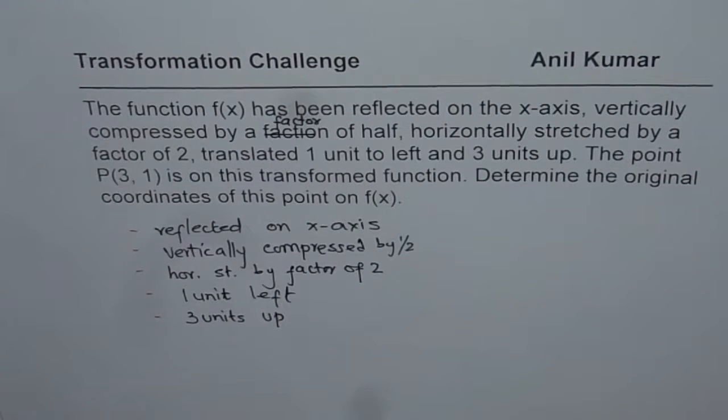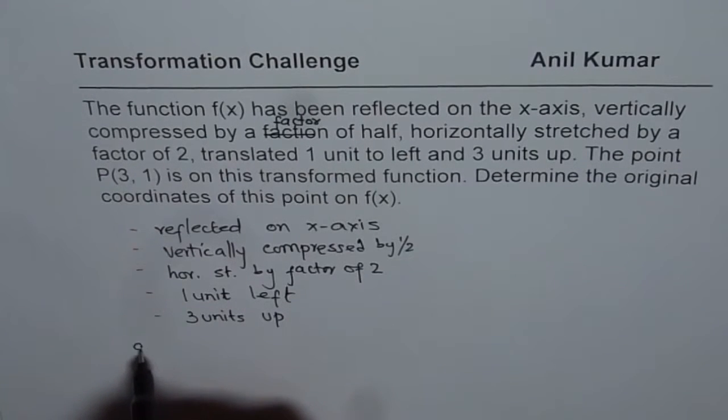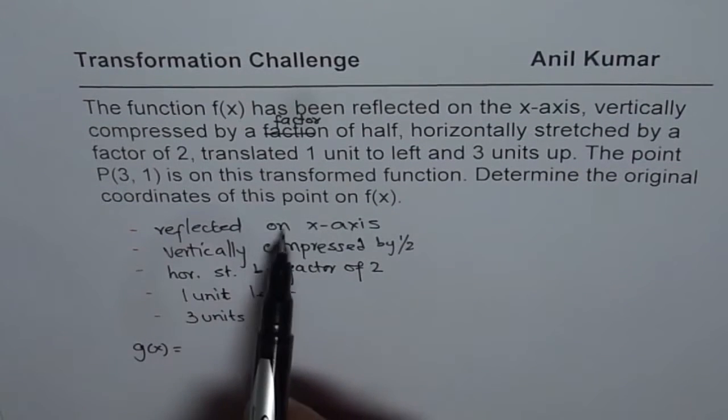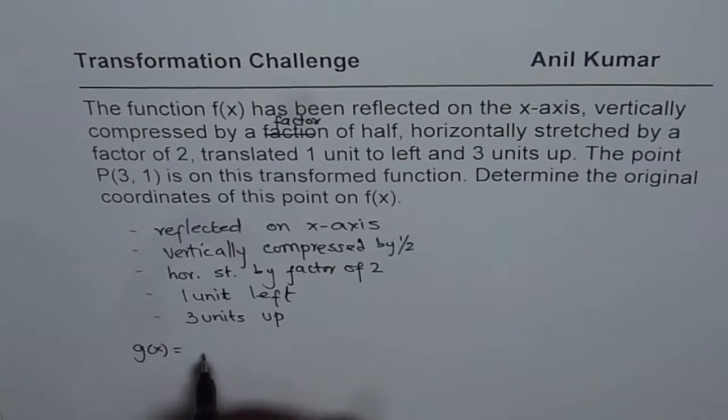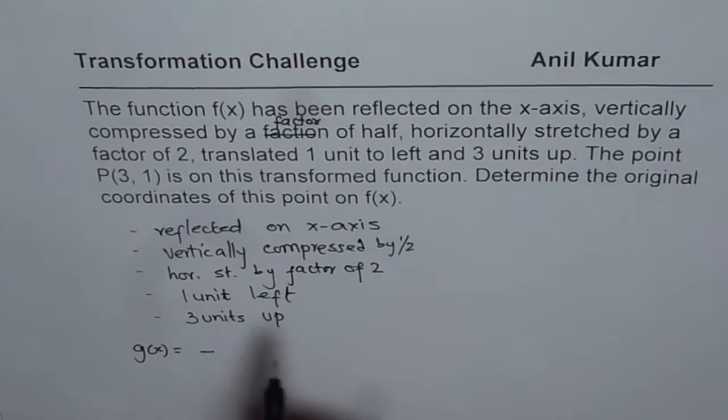Now let's call this transformed function g of x. So what should the g of x equation be? Reflected on the x-axis means minus, vertically compressed by a factor of half, so it is half here. Horizontal things come inside the bracket, so let me write the function f.